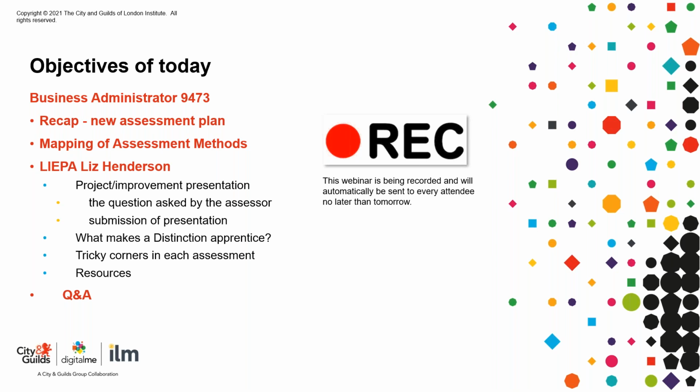So looking at the pass versus distinction areas of evidence, as well as some of the tricky corners that you might run into, or hopefully not, during the on-programme and endpoint assessment. And then finally looking at resources and giving you an opportunity for questions and answers.